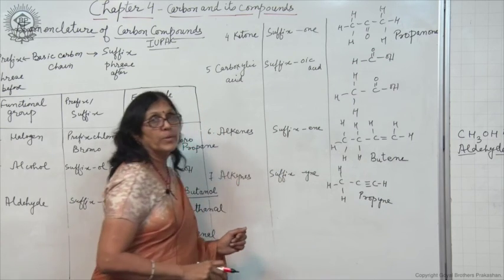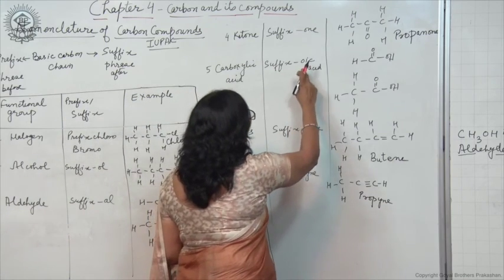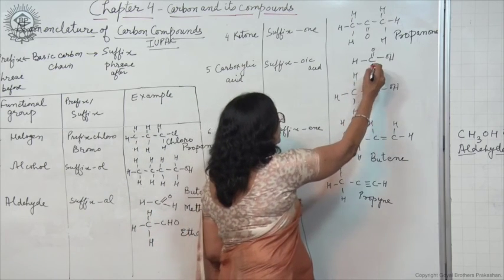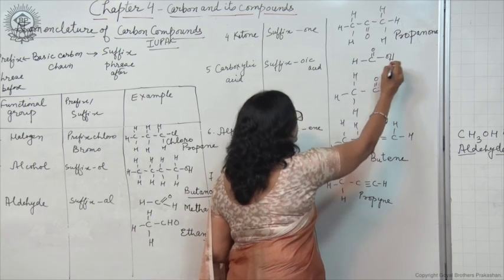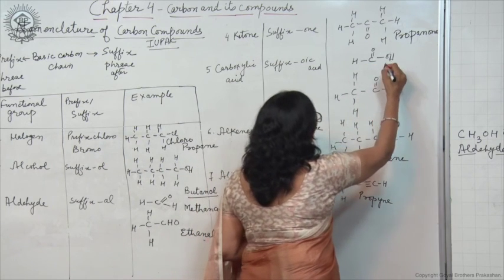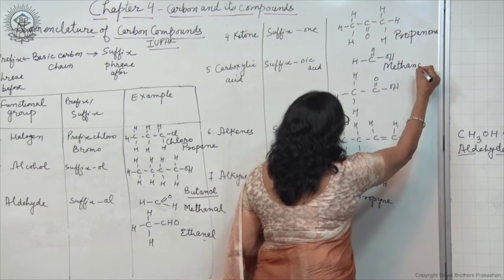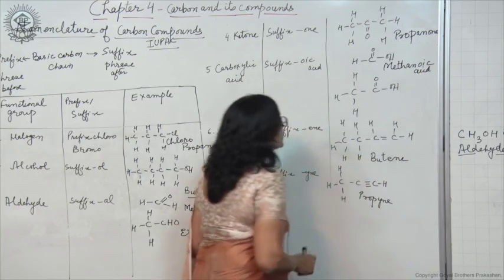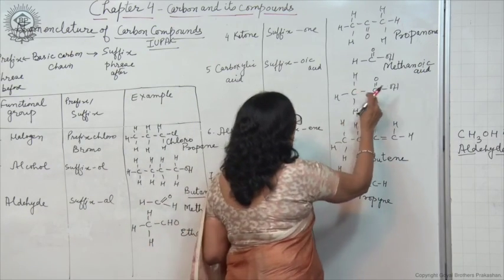The next functional group is carboxylic acid, and here the suffix "oic acid" is used. Identification of the straight chain: only one carbon atom, and so the IUPAC name will be methanoic acid. Another example: 2 carbon atoms.